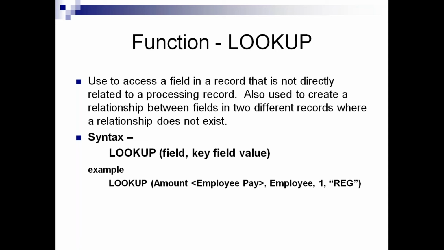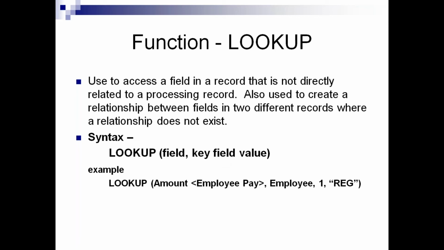So the syntax here is to look up the field that you want to get to, followed by the key for that field, but you're using the fields from the driving record.